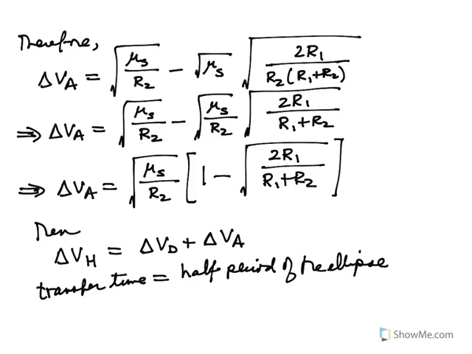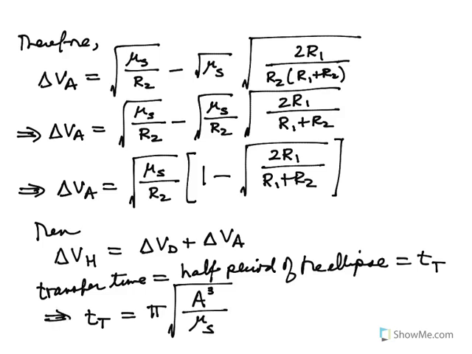So that means that the transfer time, which I'm going to define as t sub t, is equal to pi times the square root of a cubed all divided by mu s. That's the transfer time. It's the half period of the ellipse. So we now have all the information about the Hohmann transfer. That's the interplanetary Hohmann transfer.